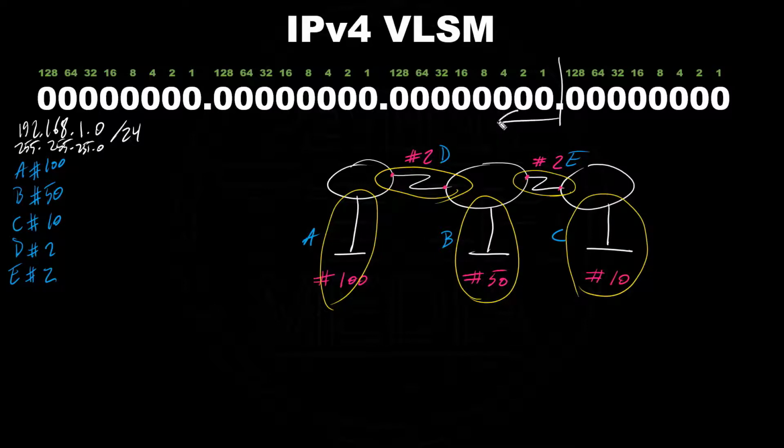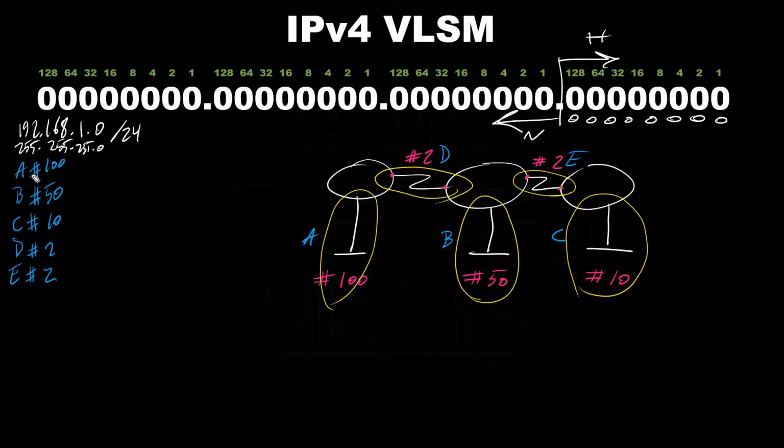So all this section here is the network section, this section the host section, which we have 8 zeros and 24 ones. Okay, now here we can see they said 100, 50, 10, 2, 2, right? So that's a total of 164, which we know default subnet mask class C gives us 254, so that's more than enough for all these subnets. We should have all the subnets with the correct amount of available IP addresses.